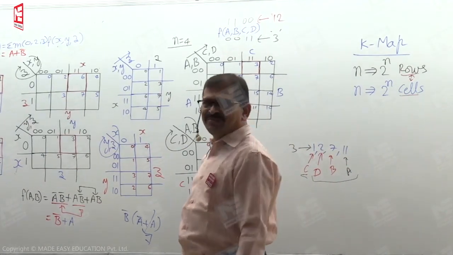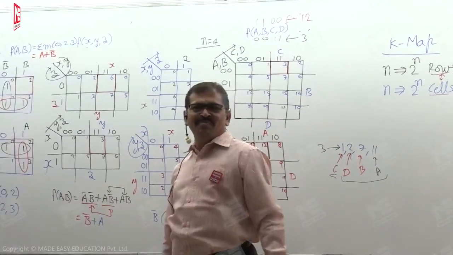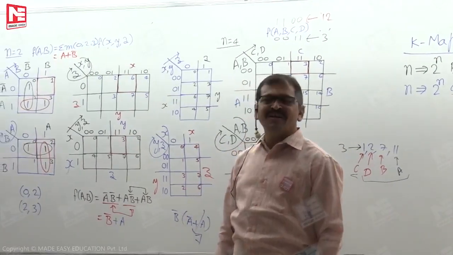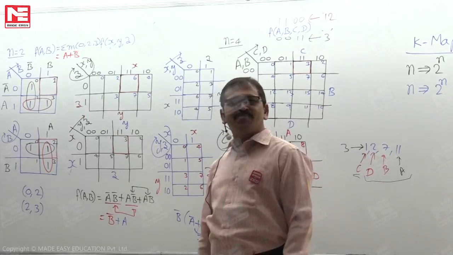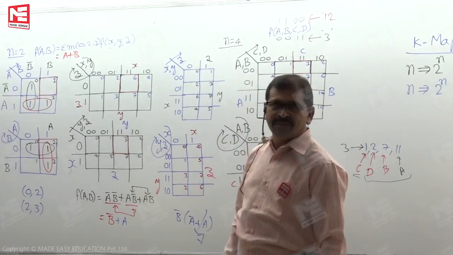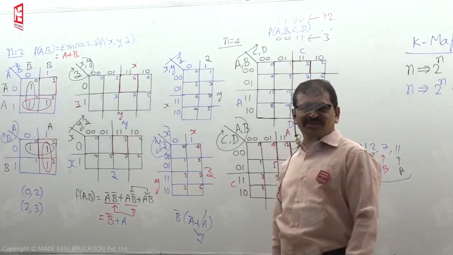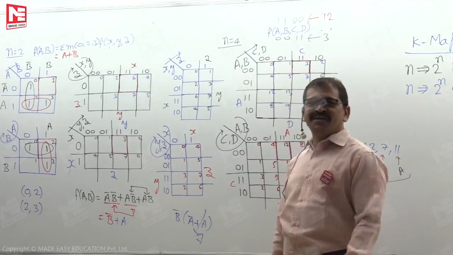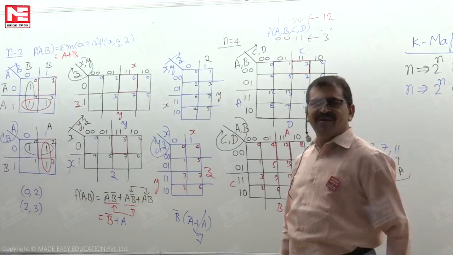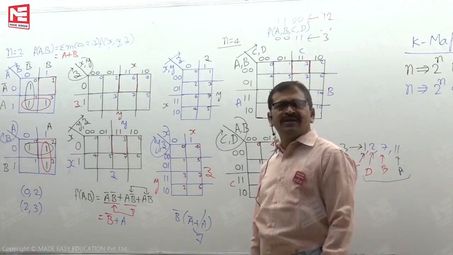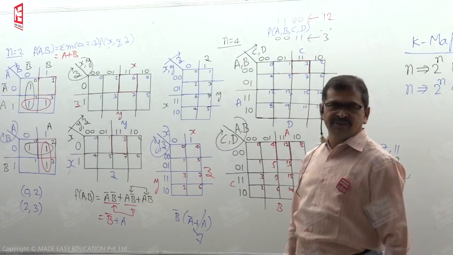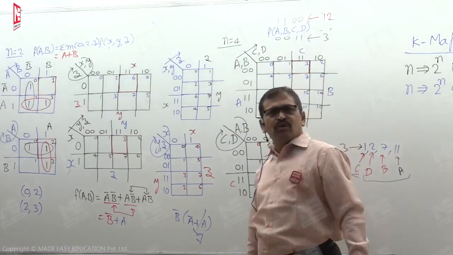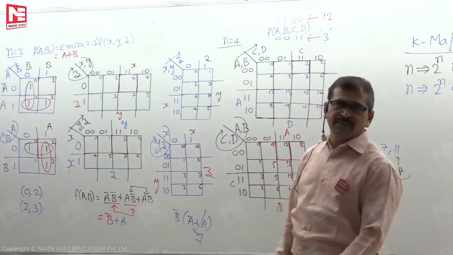So, while noting this statement, the default is that the variables which are not common for the total subcube are not present in the product representation. The variables which are common for the total subcube, only those variables will be present in the product representation of that subcube.